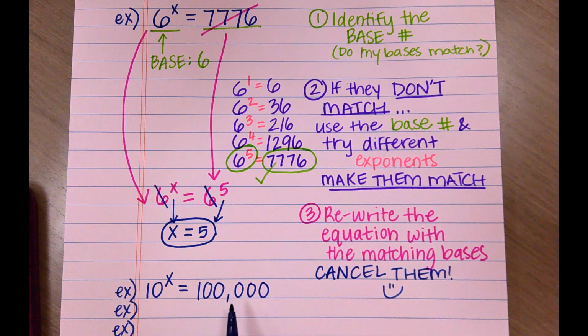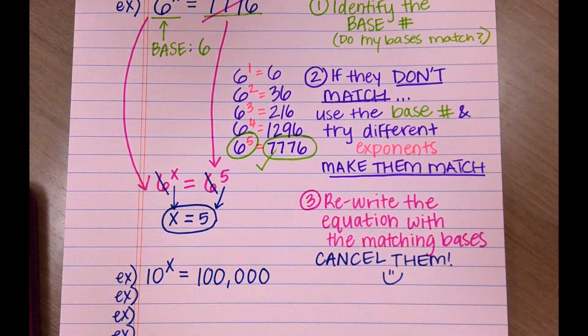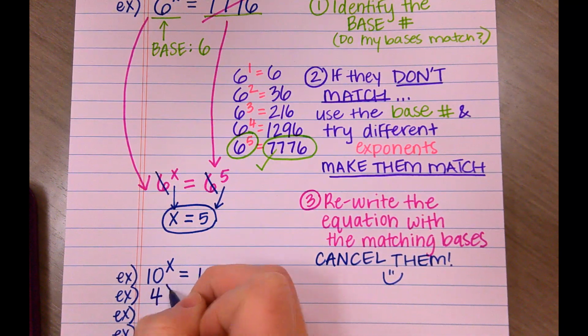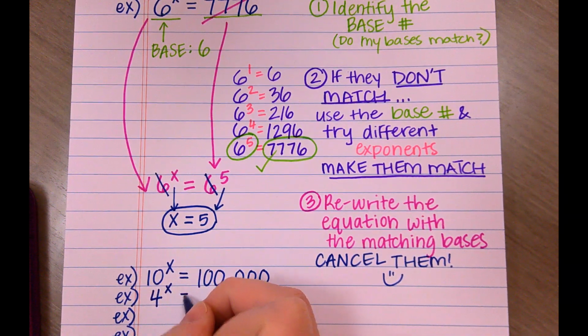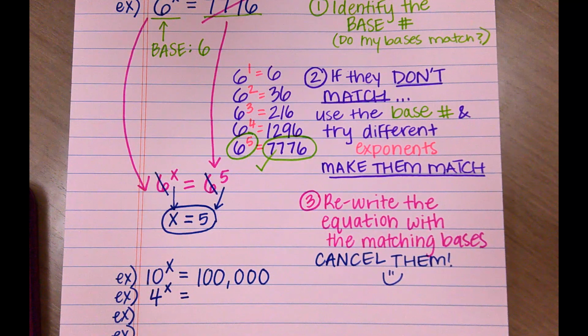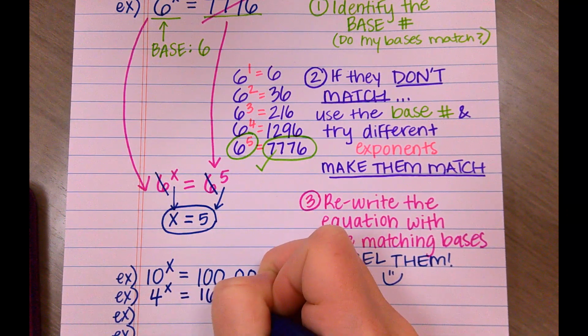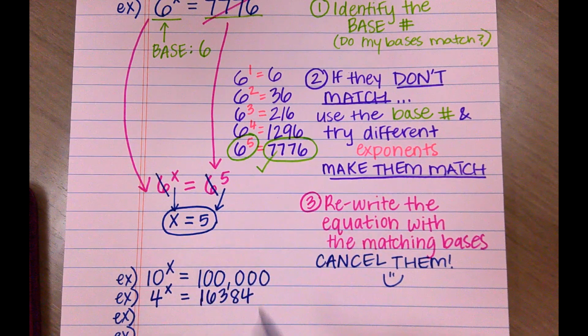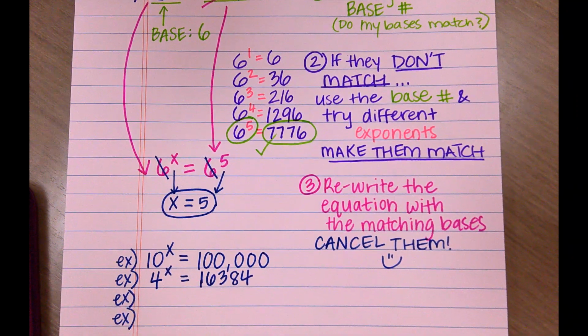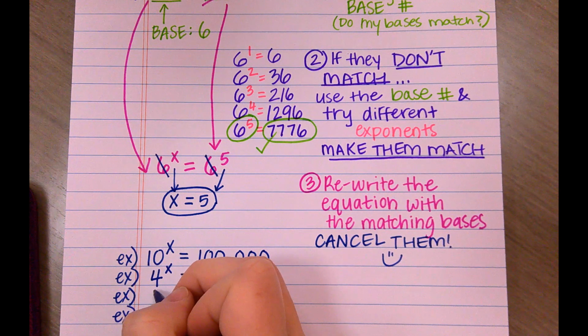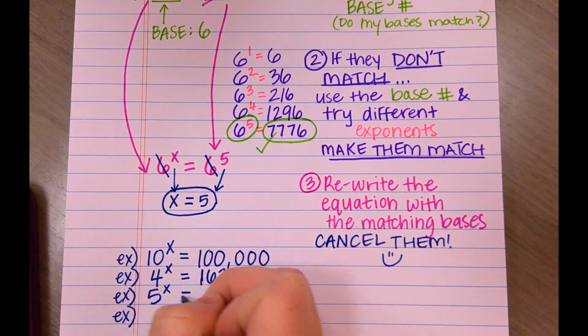This is 100,000, so there's 5 zeros there. We'll try 4 to the x power equals 1634, and 5 to the x power.